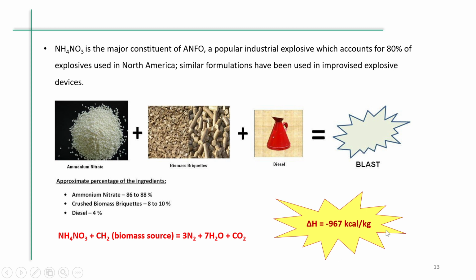So this much energy will be generated, which will lead to a blast when all three reagents are mixed together. Here biomass is represented by CH2. So NH4NO3 plus CH2 will give the products nitrogen, 3 molecules of N2, then 7 H2O along with CO2 emission.